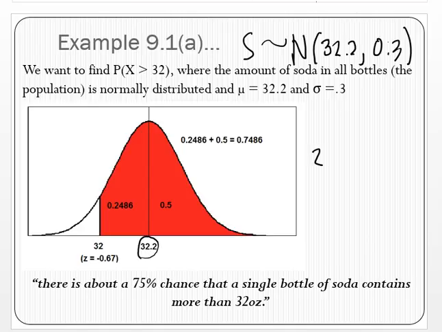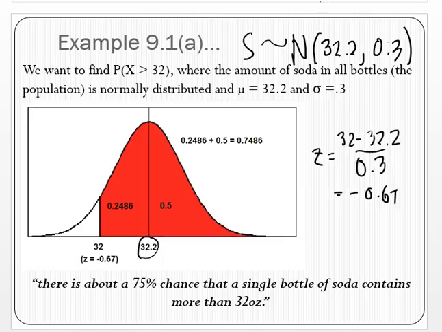So that z-score equals the value itself, 32, minus the mean, 32.2, over the standard deviation, 0.3, and that actually equals negative 0.67. Go to your z-table. In your z-table, when you find a z-score of 0.67, that probability is 0.2486.